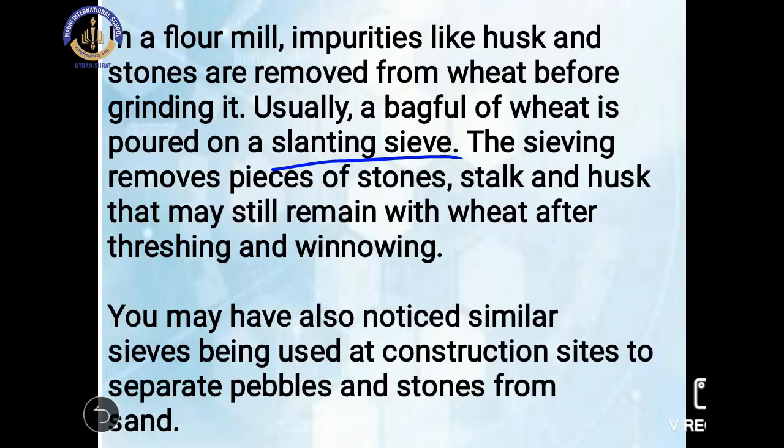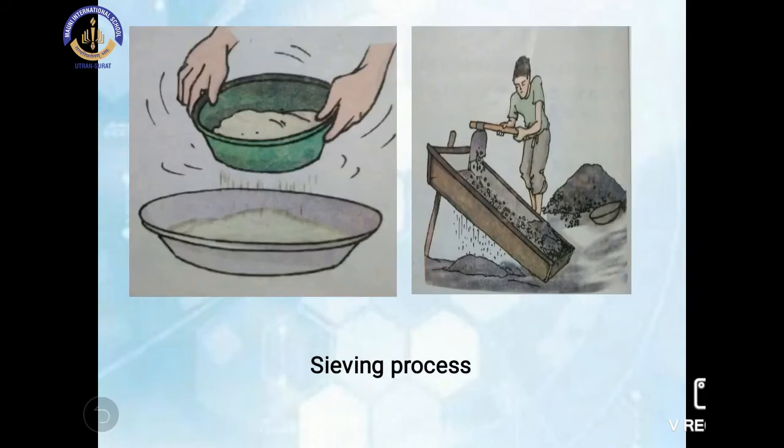You may have also noticed similar sieves being used at construction sites to separate pebbles and stones from sand. Construction sites means where buildings are made, where buildings are constructed. At that place you can see a man who separates the pebbles and stones from the sand. See, this is what he is doing right now.